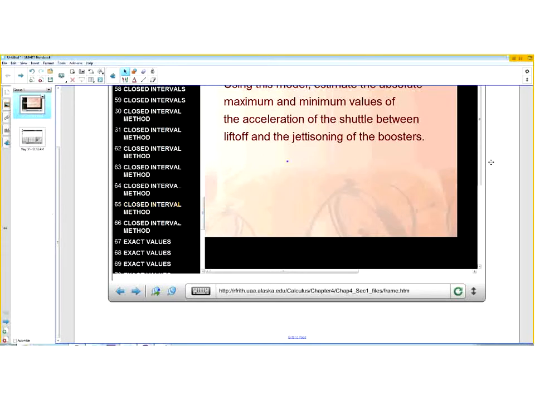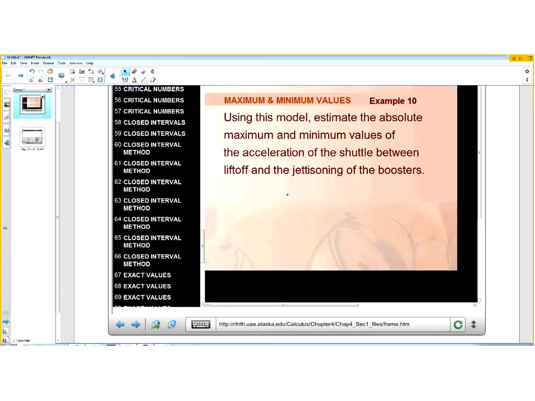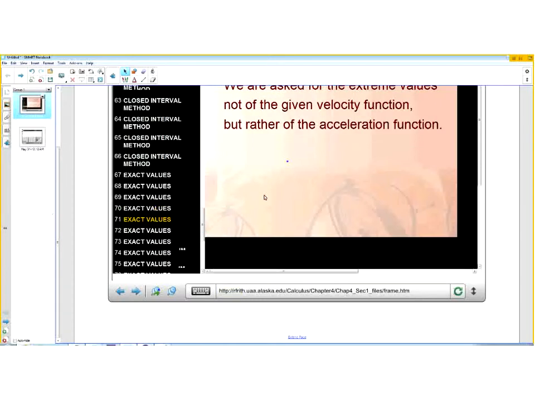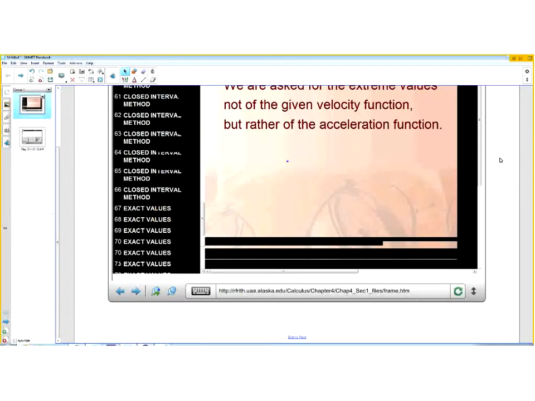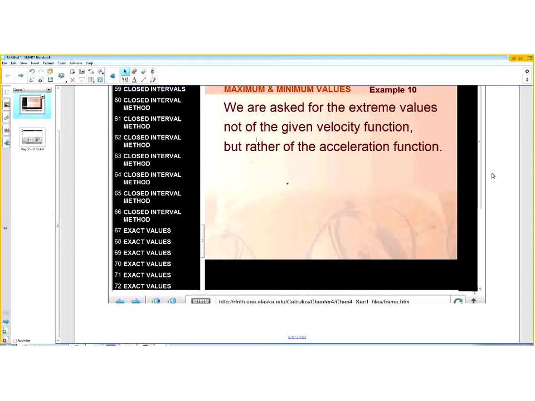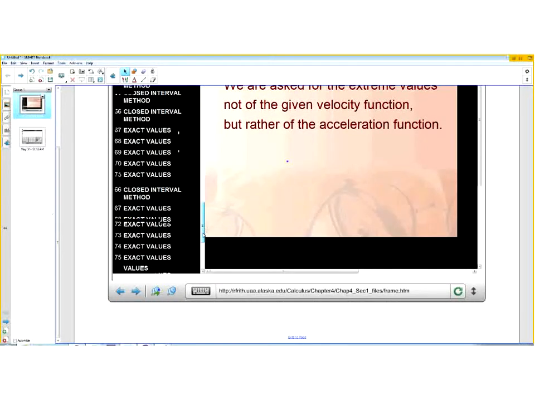And let's see, what else do we have? We want to estimate the absolute maximum and minimum values of the acceleration of the shuttle between liftoff and jettisoning the boosters. You know that acceleration is the derivative of velocity. So we are asked for the extreme values not of the given velocity function, but of the acceleration function.